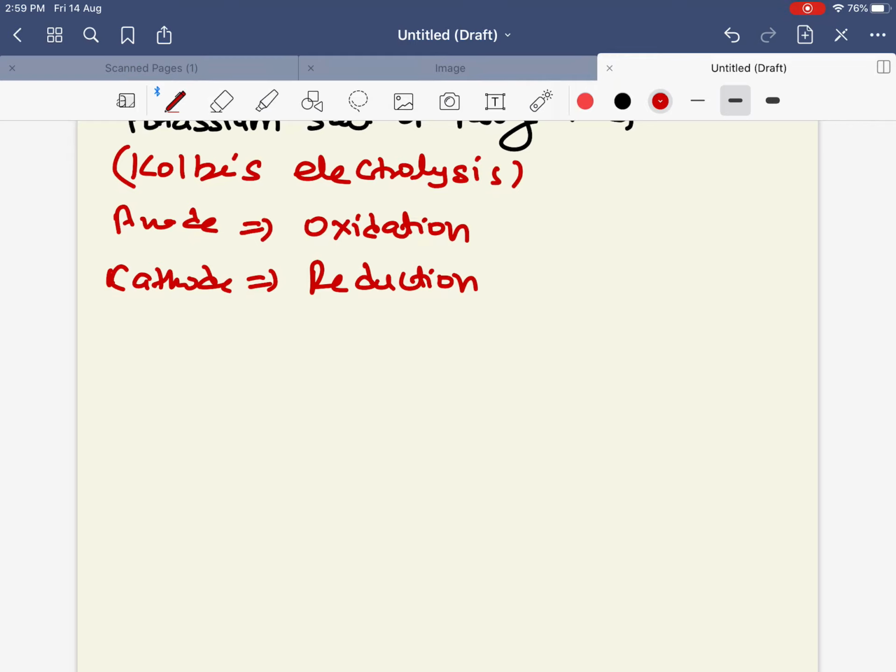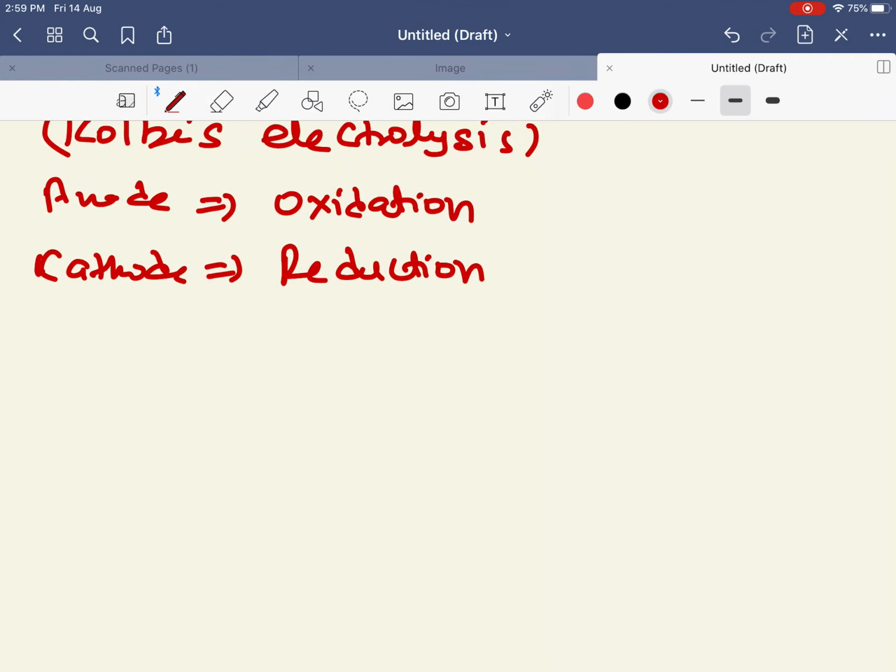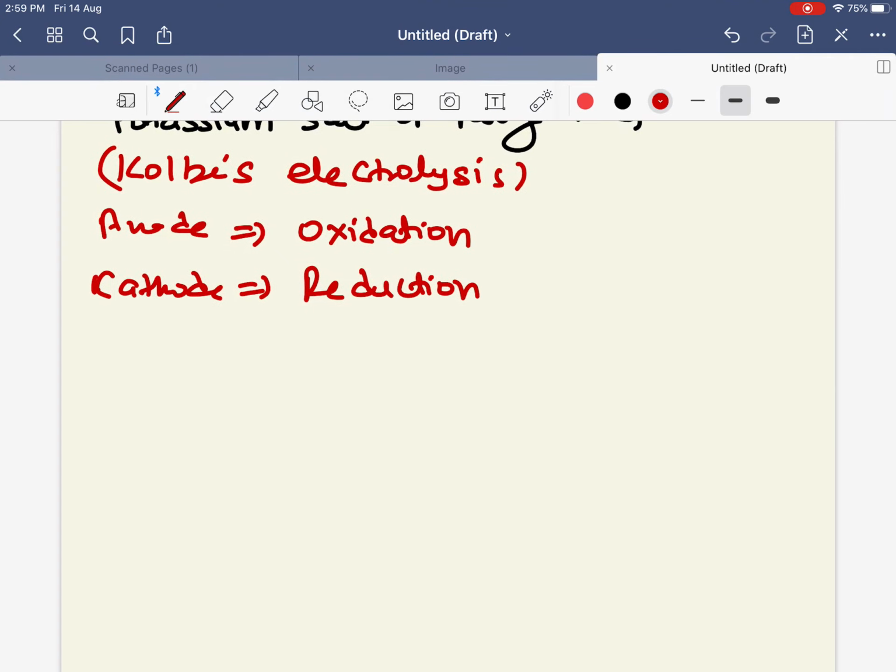So the general reaction for Kolbe's electrolysis method is, suppose I will take the potassium salt of carboxylic acid, that is RCOOK, in aqueous medium, that is, water is involved.